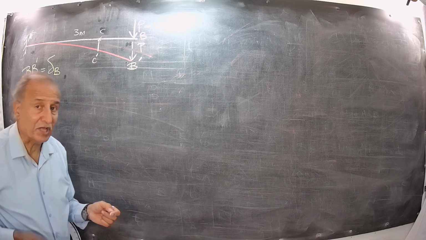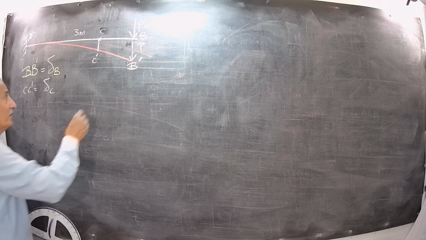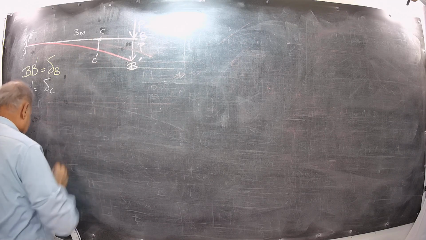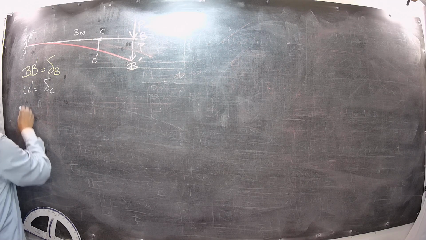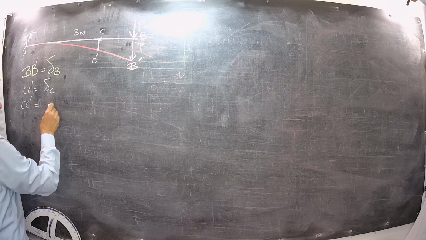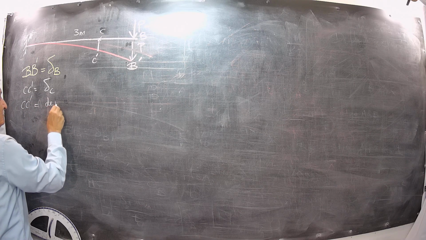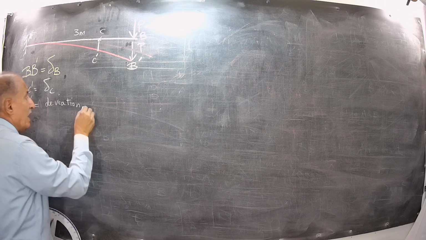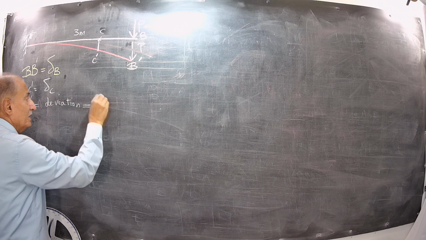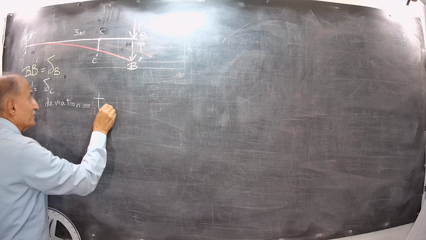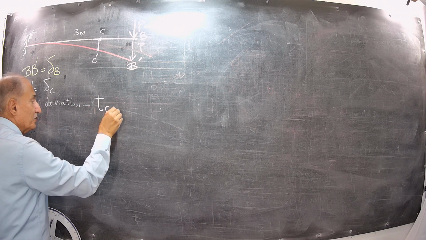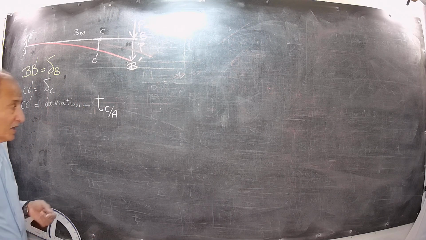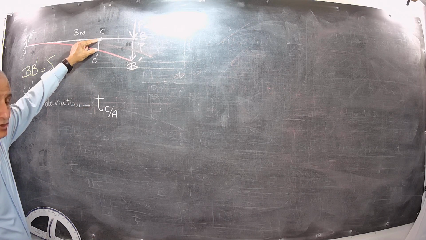Then we draw a tangent at A, and we want to find out departure of C with respect to this tangent. This CC prime is also called deviations. This is only for cantilever beam, and it's shown by t of C with respect to a tangent at A. TCA is deviations.